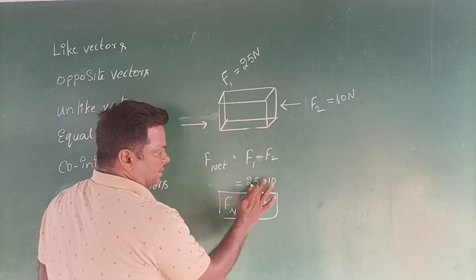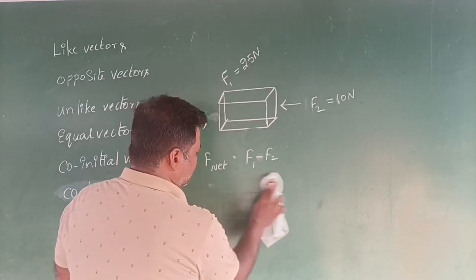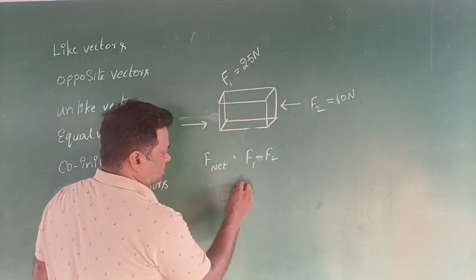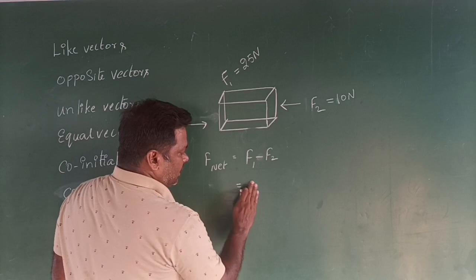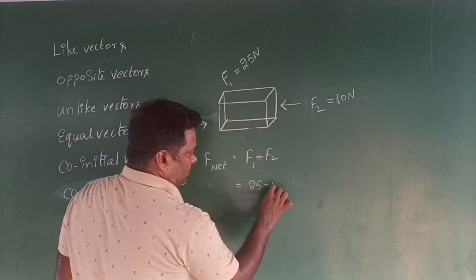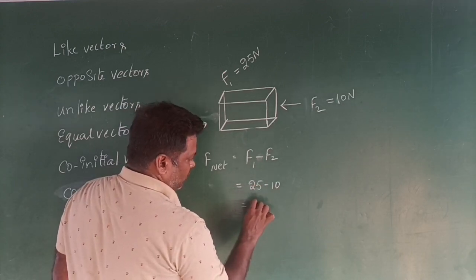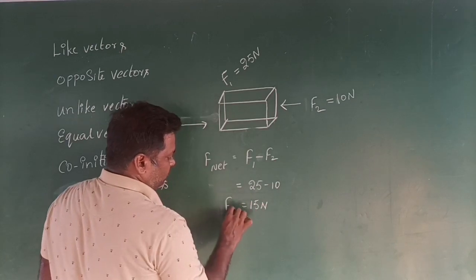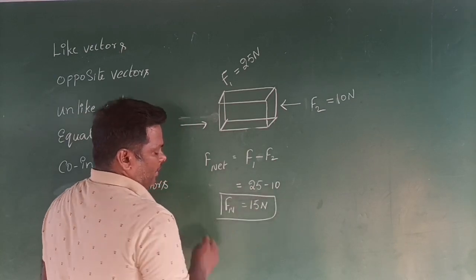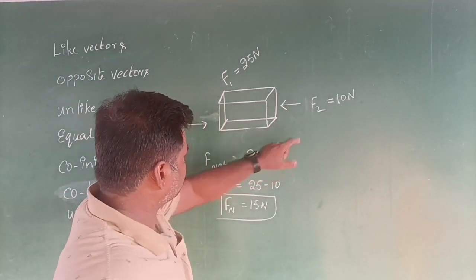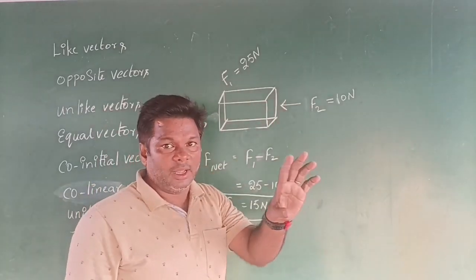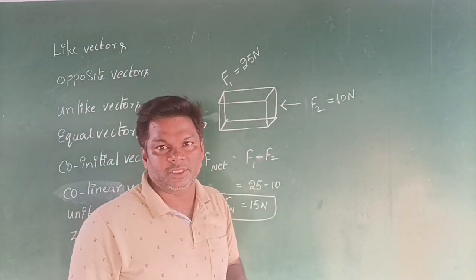Just subtract these two to get the net force: 25 newtons minus 10 newtons. How much is it? 15 newtons. This is your net force acting on this block when the two forces are acting opposite to each other.